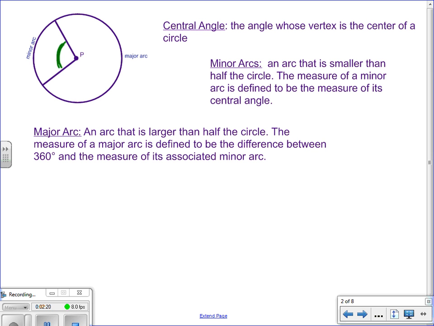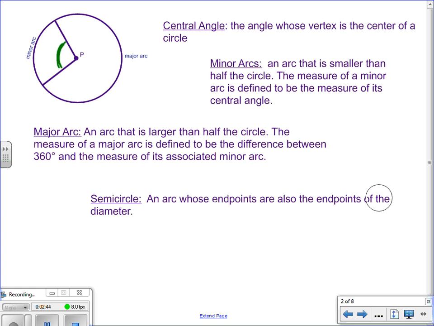And then the major arc, well, major means big, so it's greater than half the circle. It's greater than a semicircle, okay? And then remember, in one circle, we have 360 degrees. So we're going to use that number a lot to figure out the different measurements of these arcs. And we'll talk about the measurement of an arc in just a second.